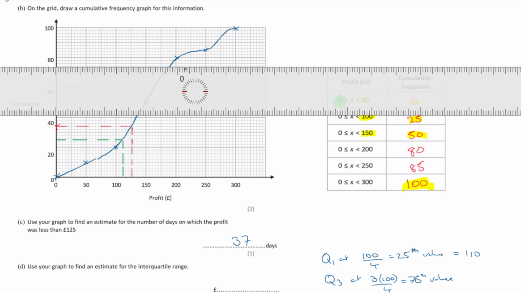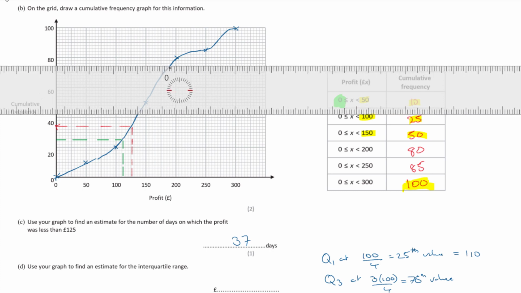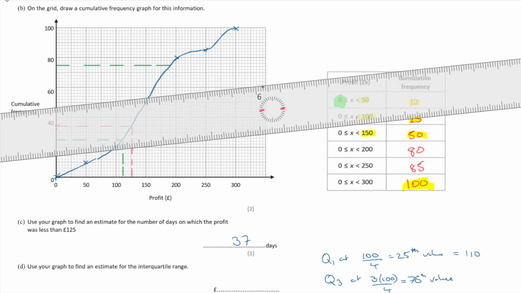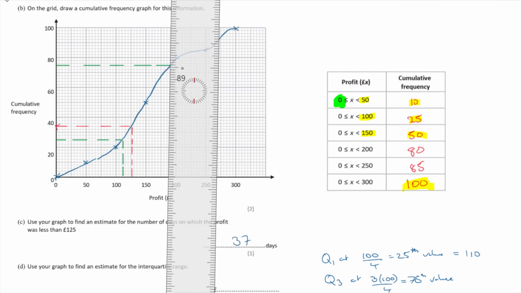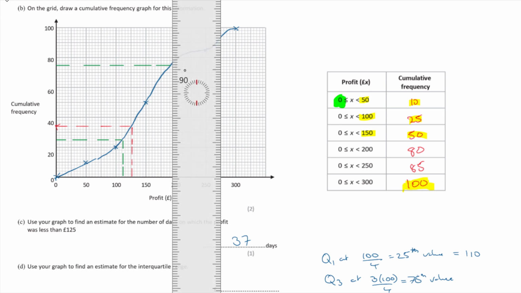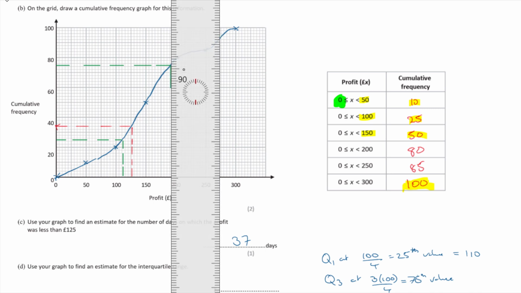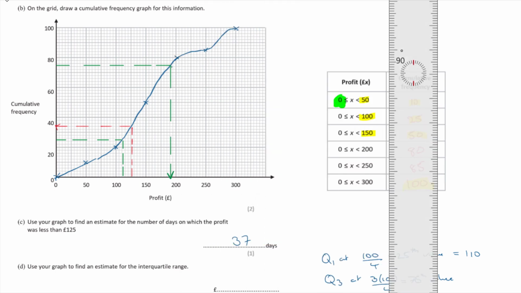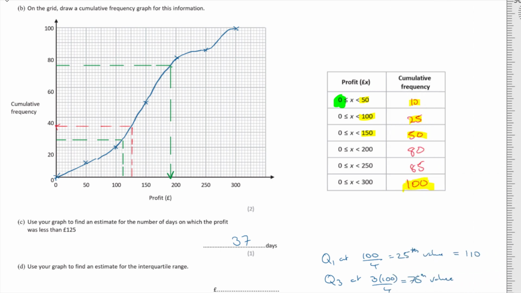All right, so I'm reading across from 75 to hit the graph and then down. Okay, so I make that like 2 little divisions down from 200, so that's 190.